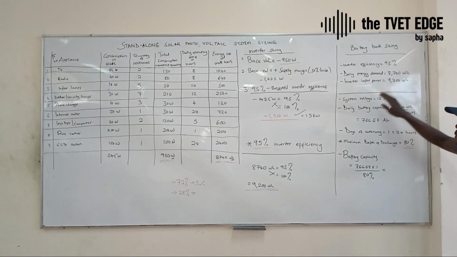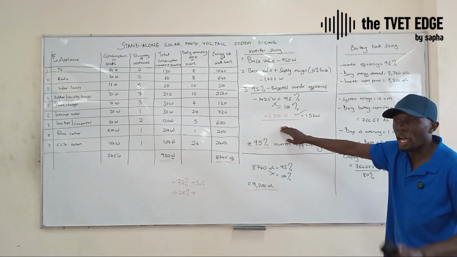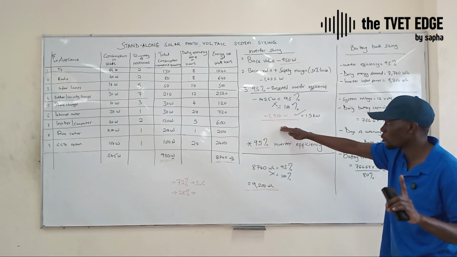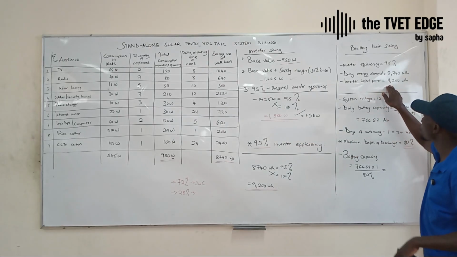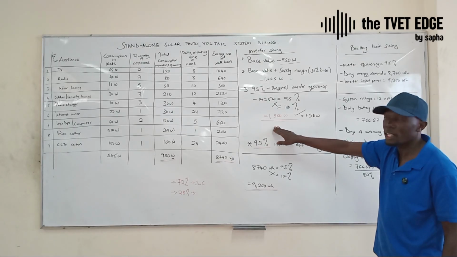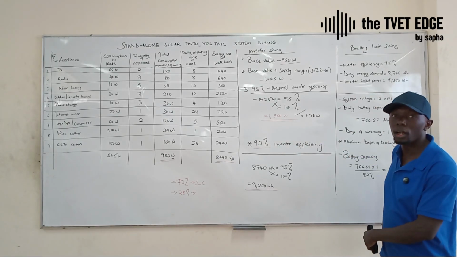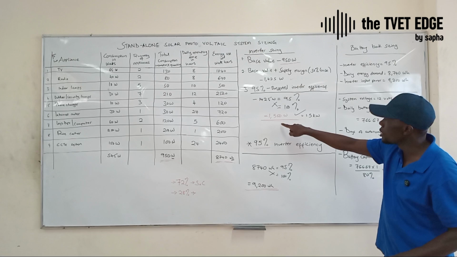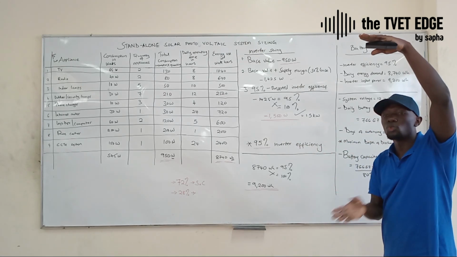This value is not the size of the inverter. I was confusing my students and I noticed some of them were getting lost. The 9,200 watt hour is not equivalent to the size of the inverter. This is what the inverter will pick and deliver, what the inverter will allow to go through.